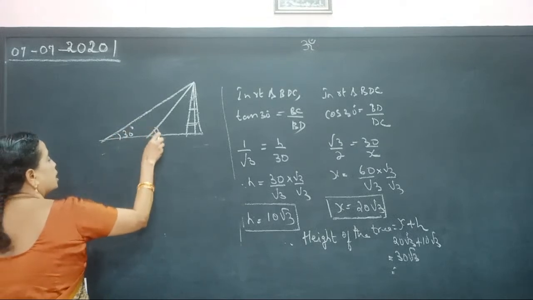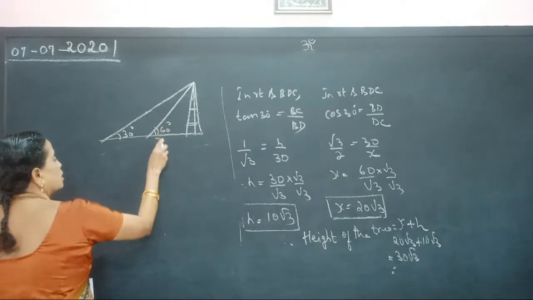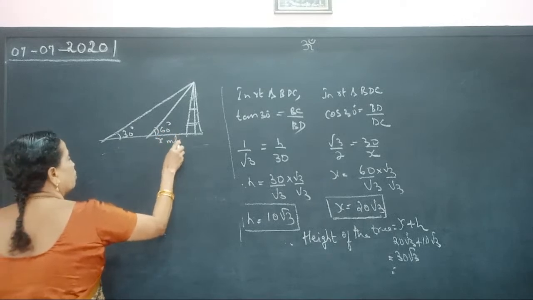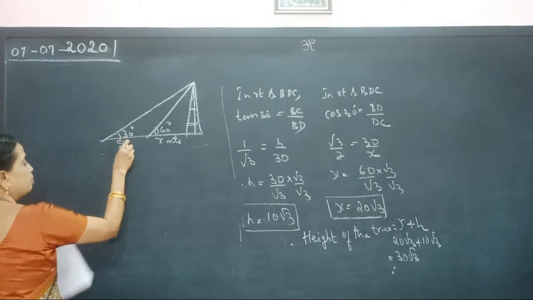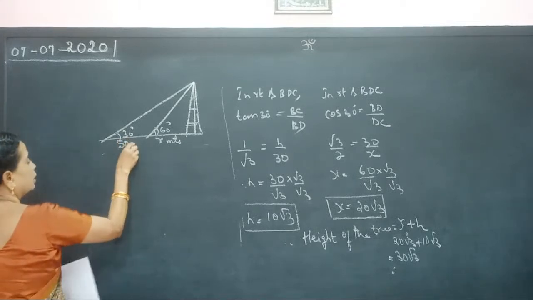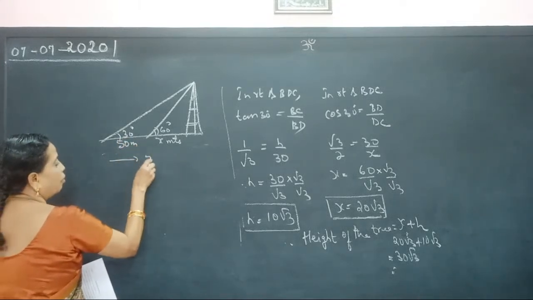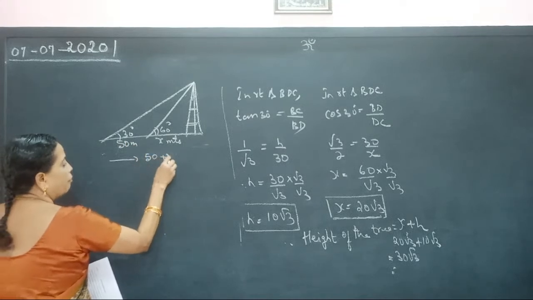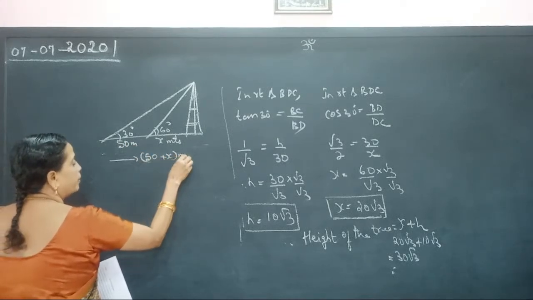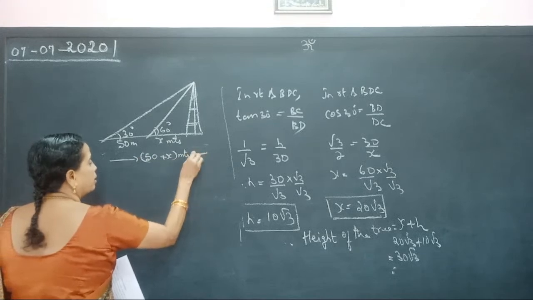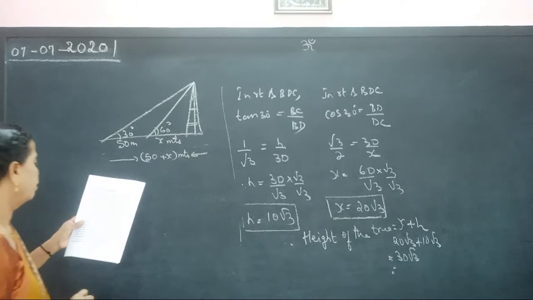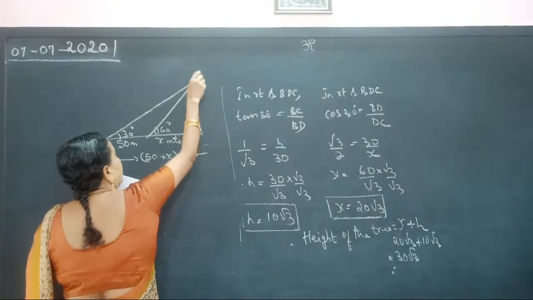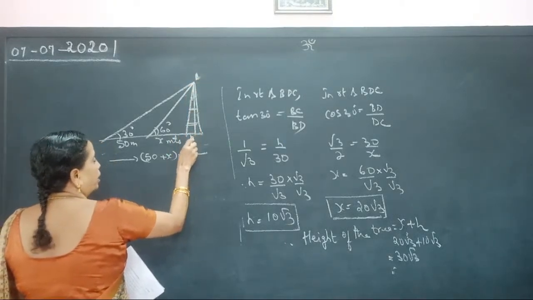So when it is 60 degree, the shadow was x meter if you assume. Then when it is 30 degree, it will be x plus 50. That means the total length of the shadow will be 50 plus x meter. This type I think we have covered in the previous class. This is the height of the tower. AB we consider the height of the tower.